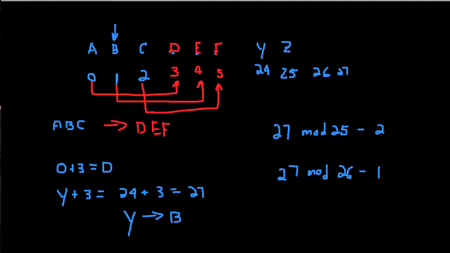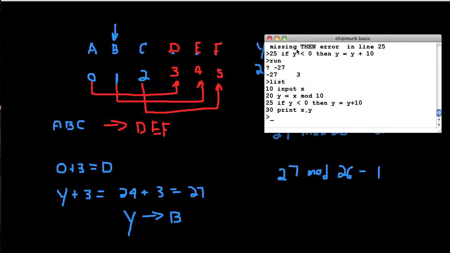Let's see how the program might work to do that. Okay, here's the program that I have right now. Input x, y equals x mod 10. I want to change that to 20, y equals x mod 26.